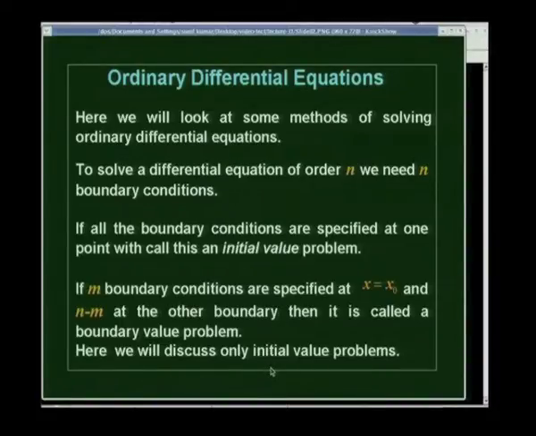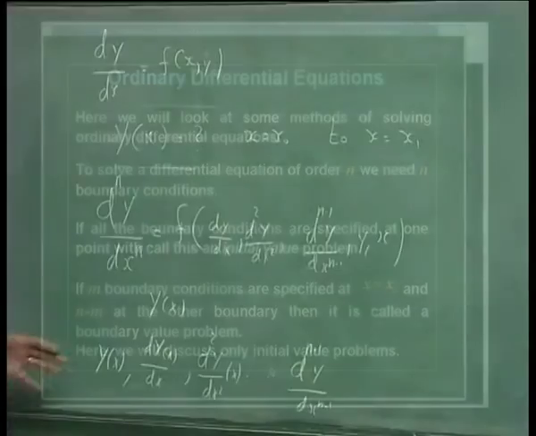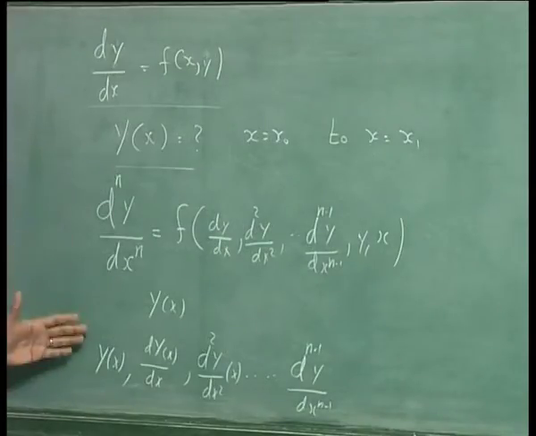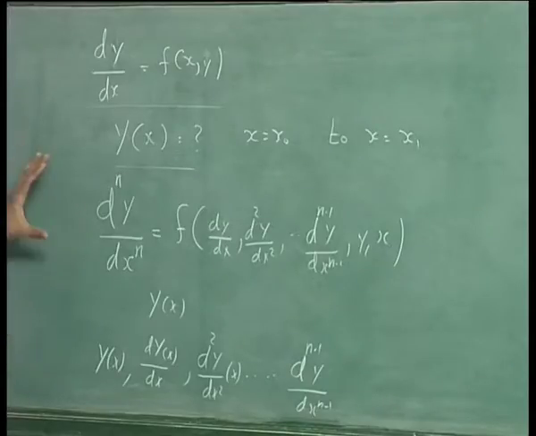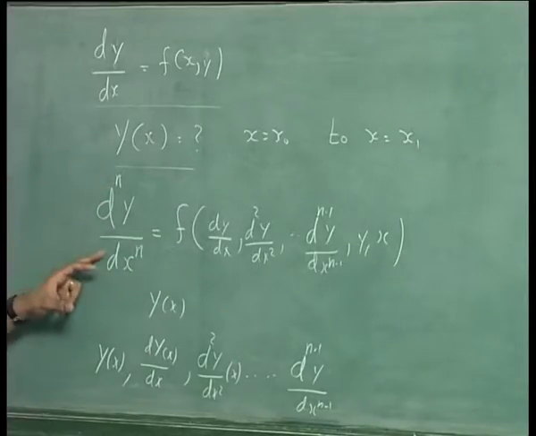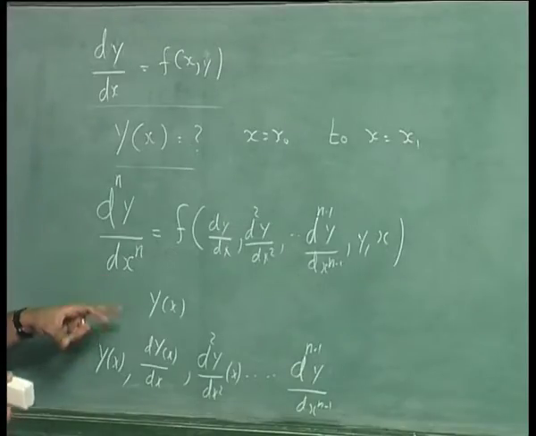Okay. So I guess this is clear. What we will be looking at in these few lectures is solving equations of this form, general nth order ordinary differential equations, linear and nonlinear, with all the boundary conditions specified at x equal to x0.